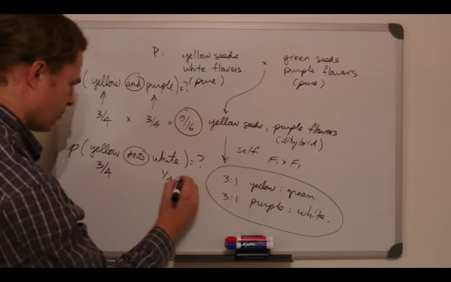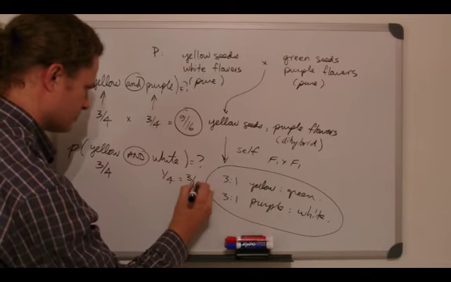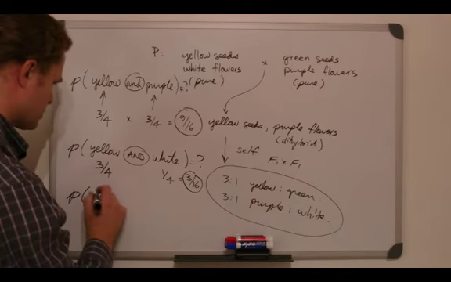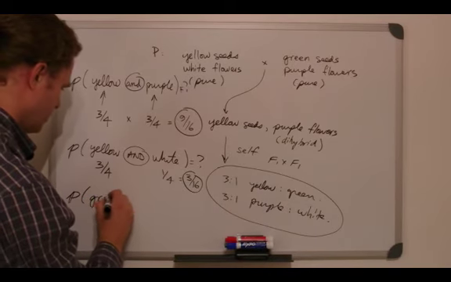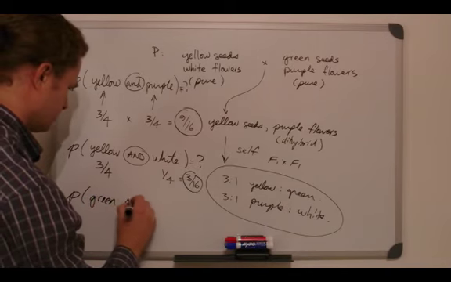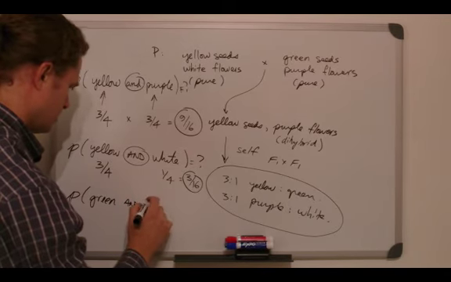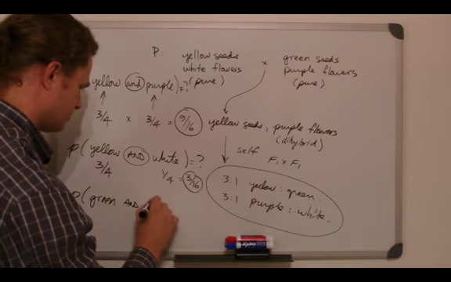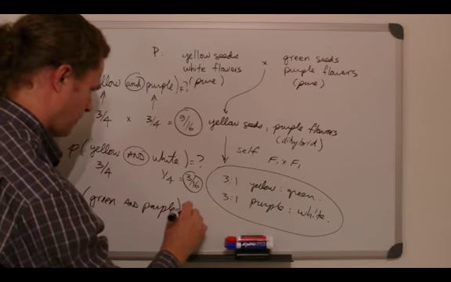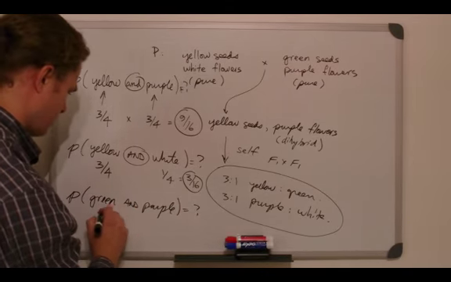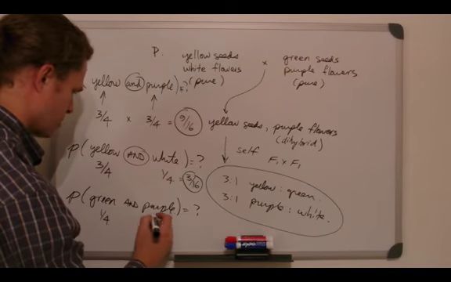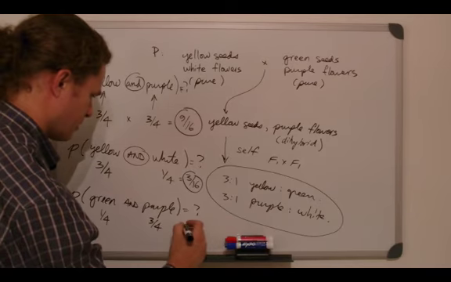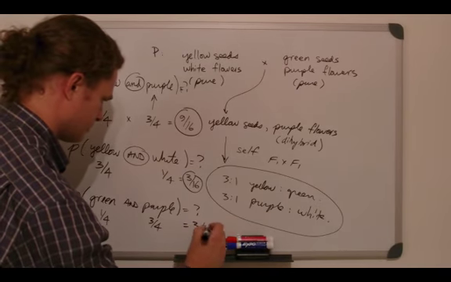So this would give us a probability of 3/16. We could then ask what's the probability of green, and let's do purple flowers. So this would have a probability of 1/4, and this would have a probability of 3/4 to give us another 3/16.